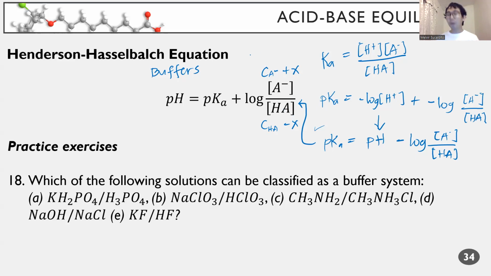Okay. So be careful lang. This equation only works for buffers. Pero kung gusto mo pa rin ng mas mahabang calculation, you can still do the ice table. That would also give you the same answer.